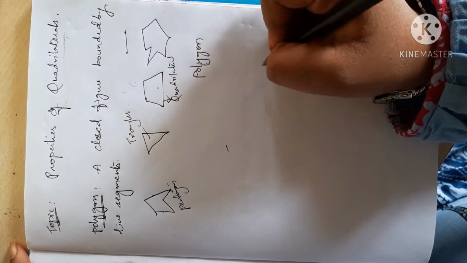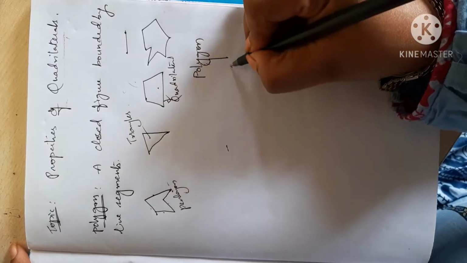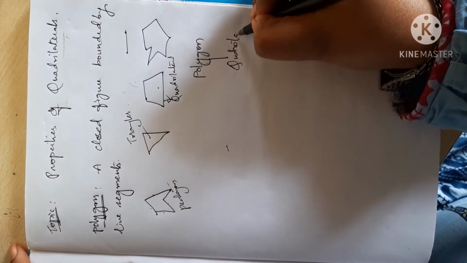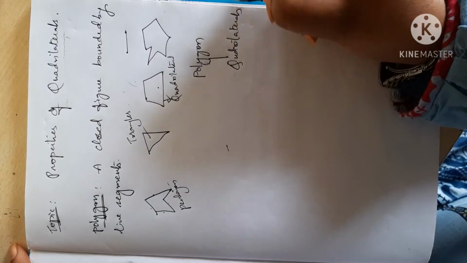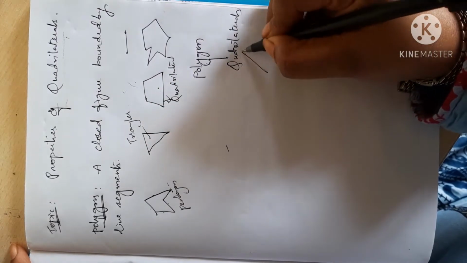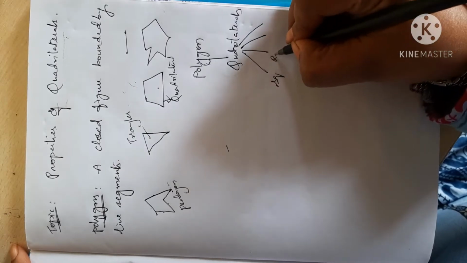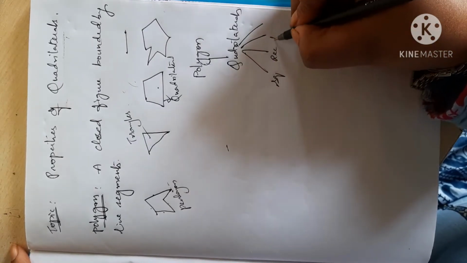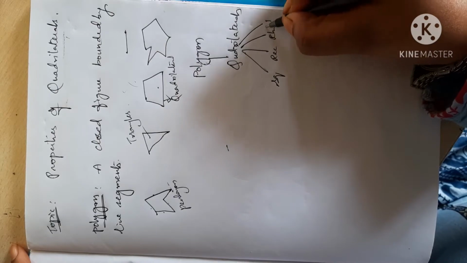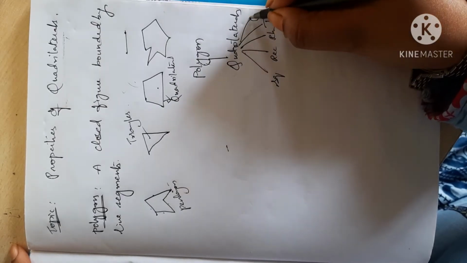Under the polygon some types will be there, so from that quadrilaterals come. Now from quadrilateral different types are there. What are those? Square, rectangle, next rhombus, trapezium, parallelogram, like that.